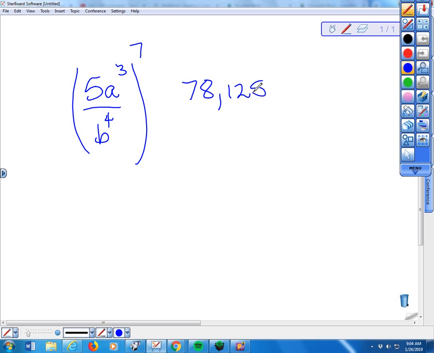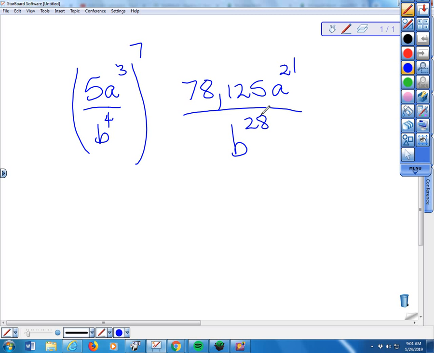Yeah. And then a to what power? What's left here? A to the what power? What do I do to the exponents? Yes. And then b to the 28th power, because 4 times 7 is 28.